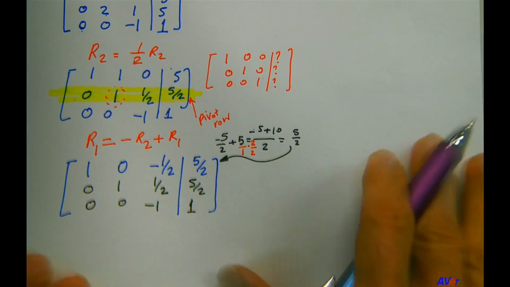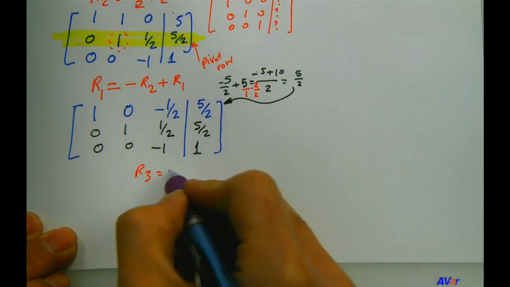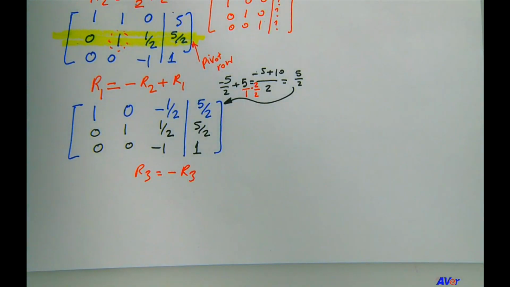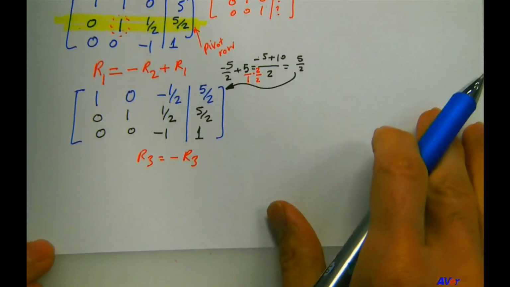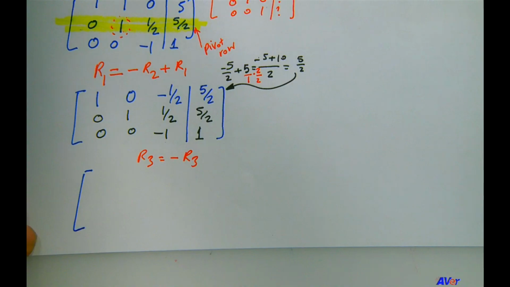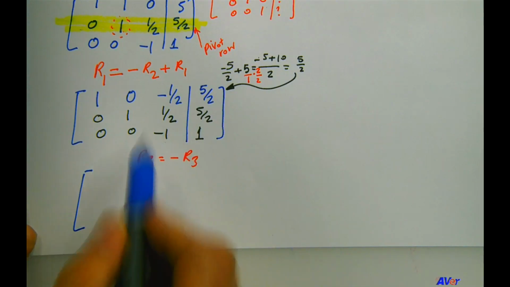Let's do that. So row 3 is equal to minus row 3, right? So let's write down the next matrix, and I prefer that you please pause the video and do that on your own. So that means row 1 and row 2 are not changing.